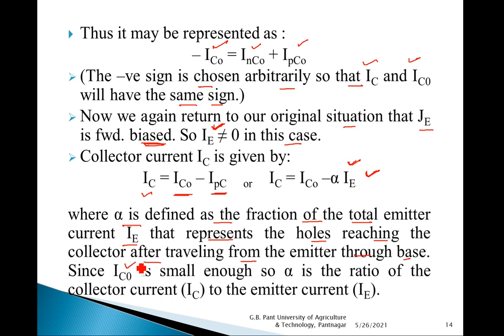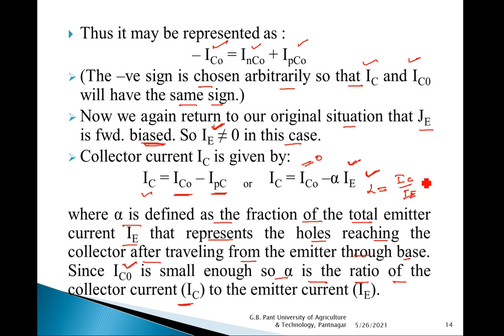Now since ICO is small enough, this alpha can be taken as the ratio of the collector current IC to the emitter current. Suppose you take ICO equal to 0 because it is very small. So this alpha is simply the ratio of IC upon IE.